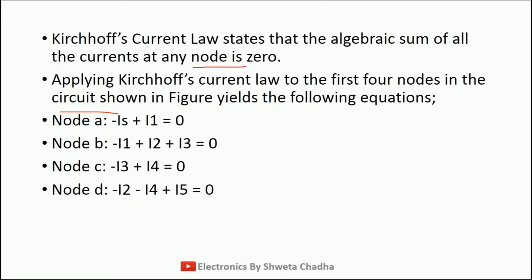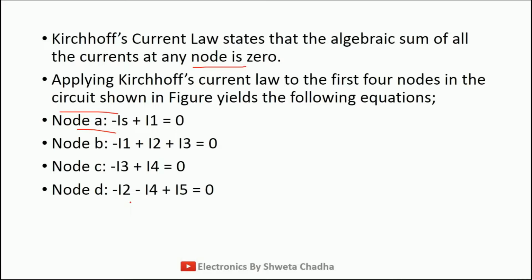So the first node A, minus IS plus I1 is equal to 0. Node B, minus I1 plus I2 plus I3 is equal to 0. Node C, minus I3 plus I4 is equal to 0. And node D, minus I2 minus I4 plus I5 is equal to 0.